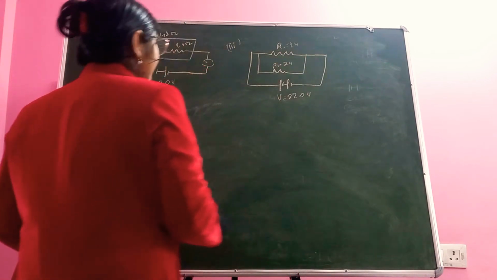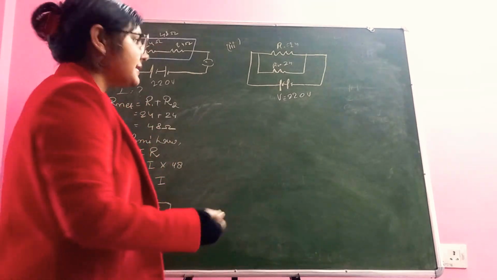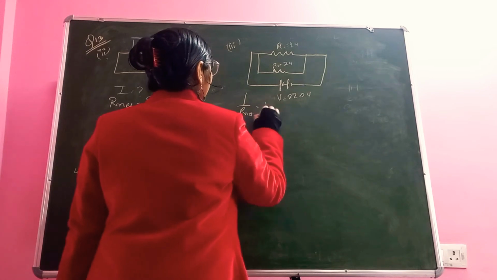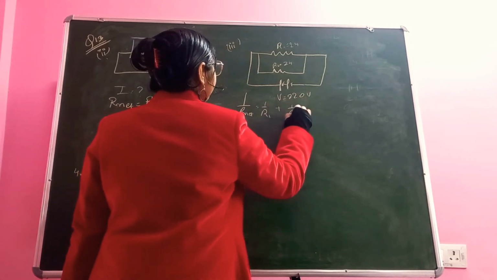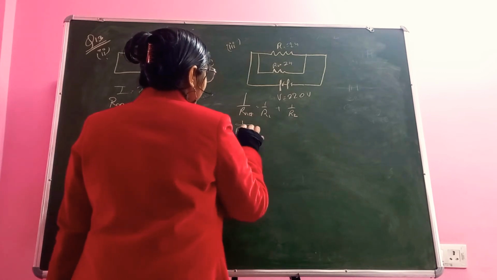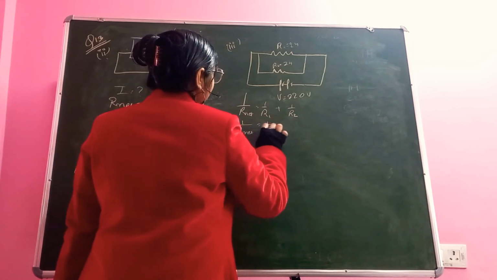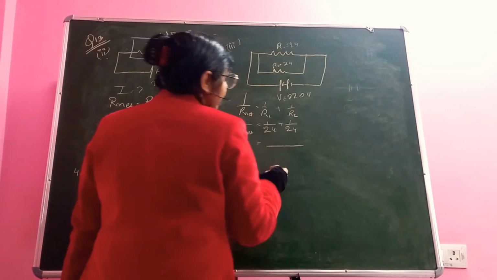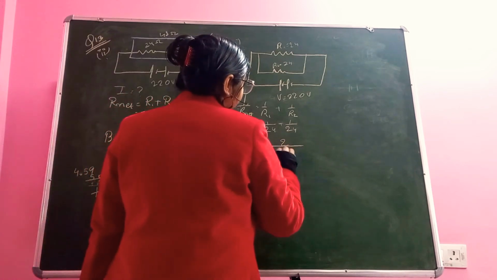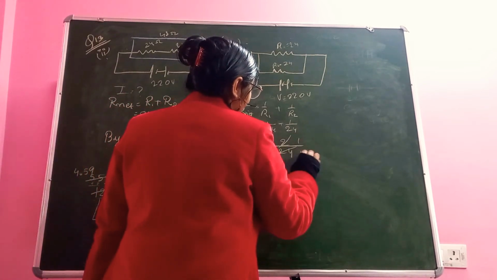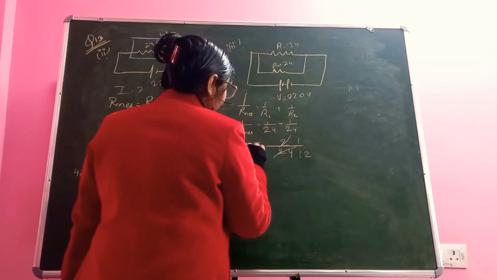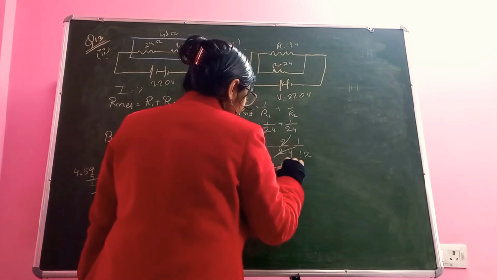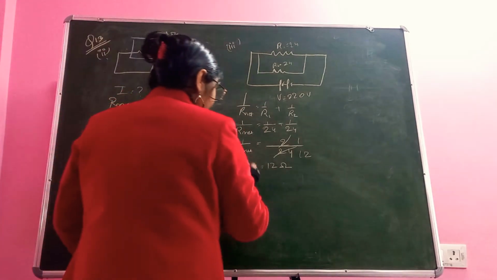So now again you have to calculate the net resistance value. 1 by R net is equal to 1 by R1 plus 1 by R2, which clearly means that 1 by R net is equal to 1 by 24 plus 1 by 24. LCM लेने की जरूरत ही नहीं है. 2 upon 24, it will be cancelled. 1 by 12. So we got the value for R net, that is 12 ohm.